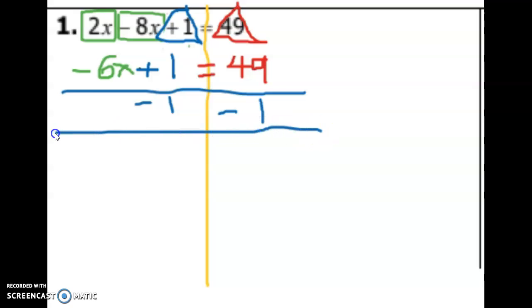And then I just bring that down. 49 minus 1 equals 48. And this cancels. I bring down my equal sign and I bring this down.